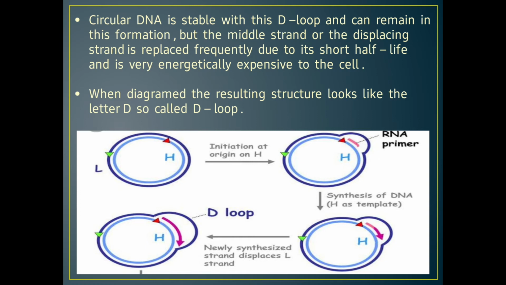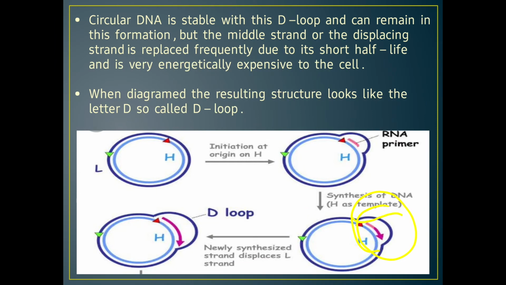Then, with the initiation at the origin of H, you can see an RNA primer reaches there, and then the synthesis of DNA occurs. H acts as a template, and you can see curves occurring, a D type process.